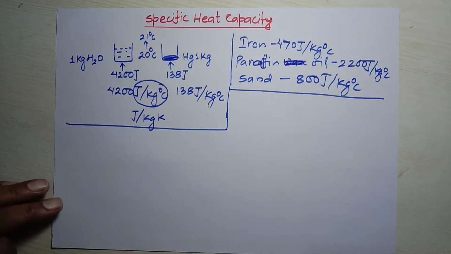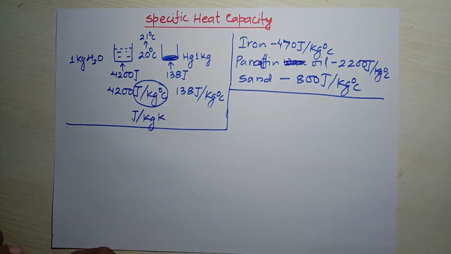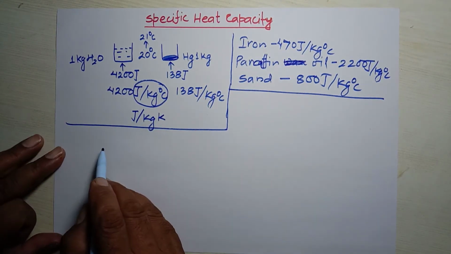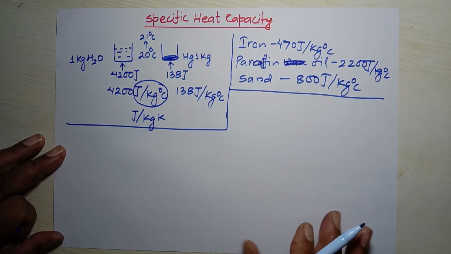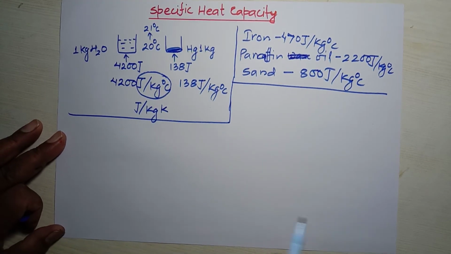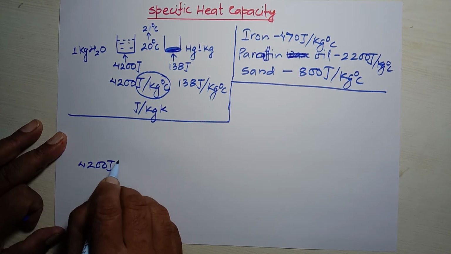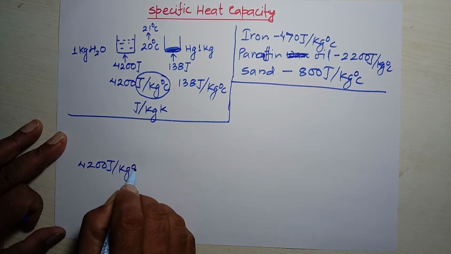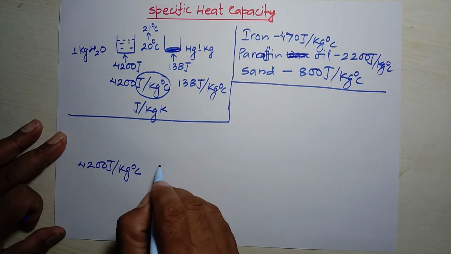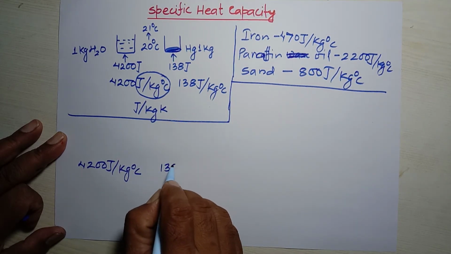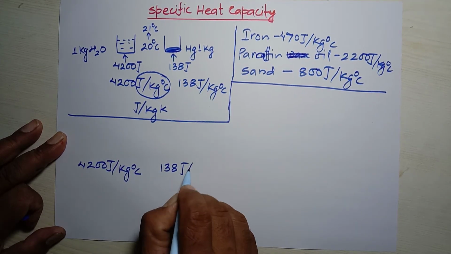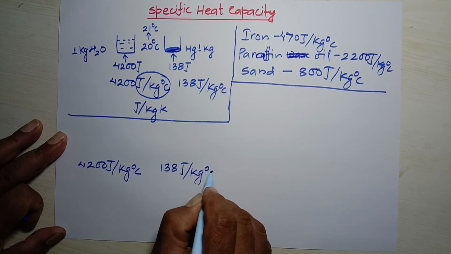Now another matter I want to focus on here. A substance has high specific capacity, especially I'm talking about water. Water has very high specific capacity, 4200 joule per kg degree Celsius, and mercury has very low specific capacity, 138 joule per kg degree Celsius, in comparison.